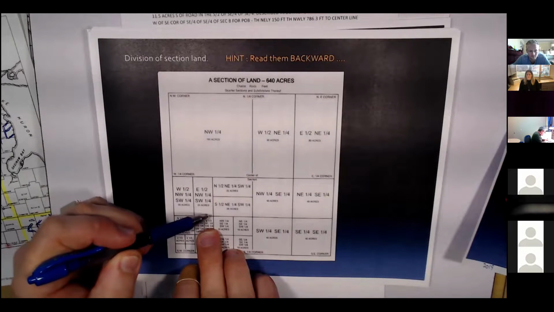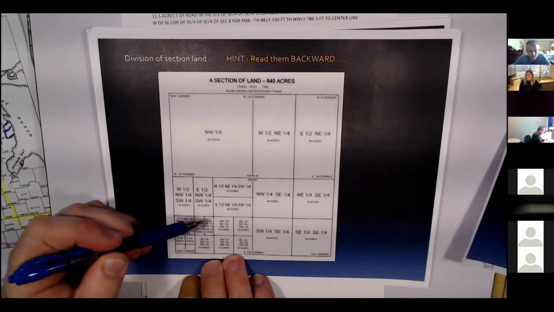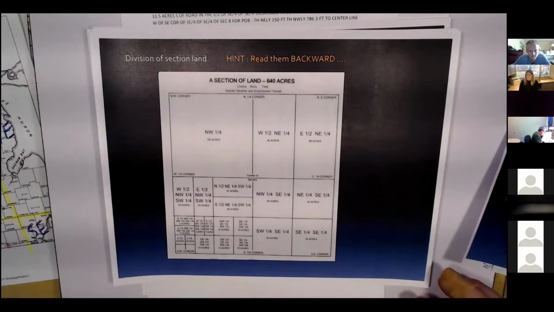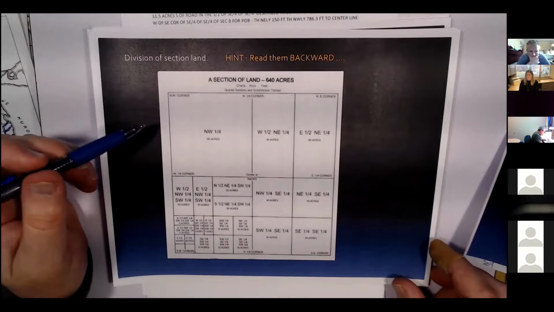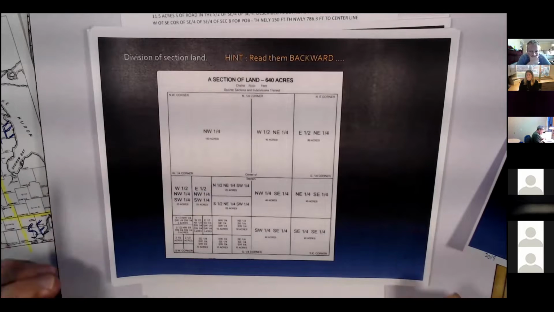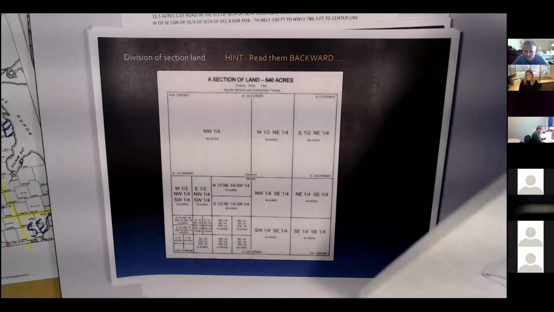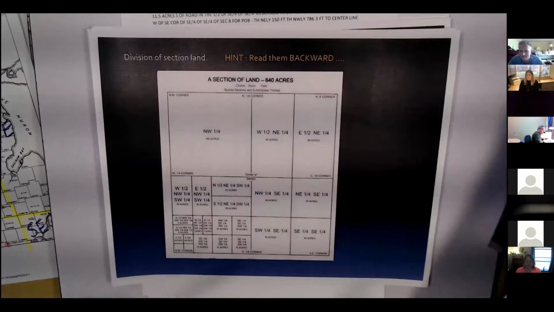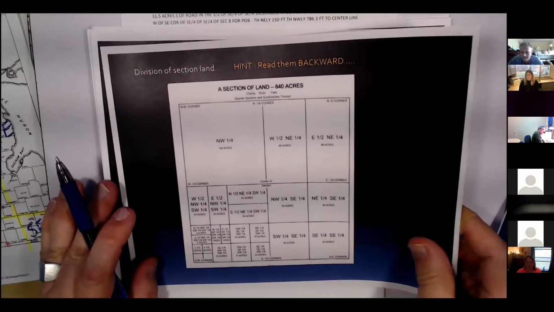And the northeast of the southwest is this. And the east half of it is right there. And you've got your 5 acres. So division, land sections, just read the descriptions in reverse. And again, just keep yourself a handy little piece of paper so that you can plot out where it is. And it makes it very easy to deduce those very quickly.